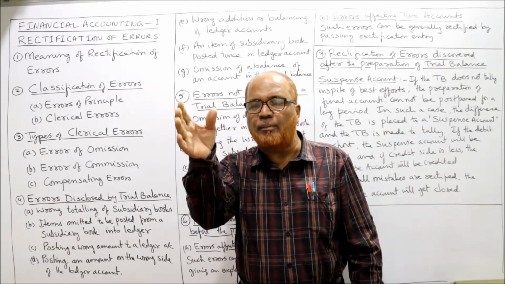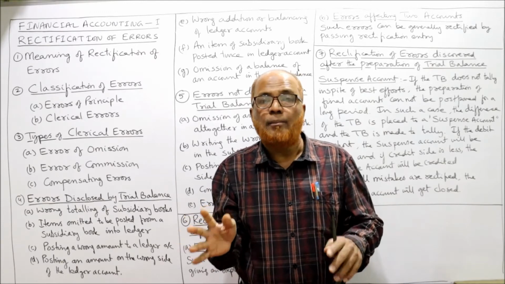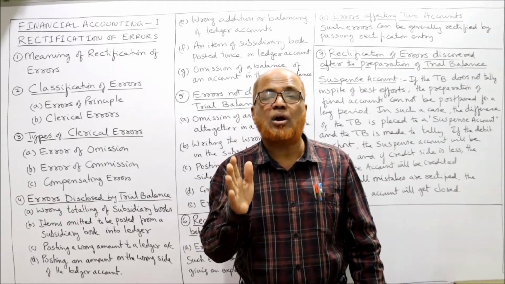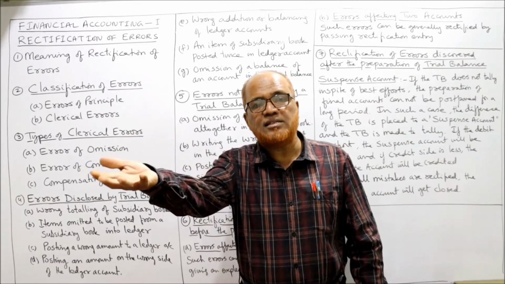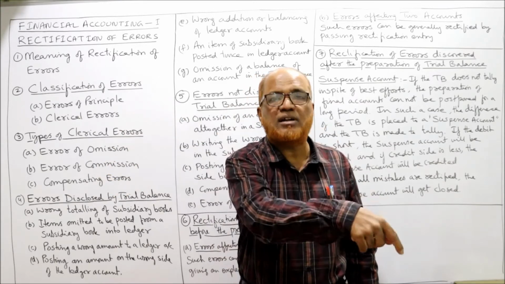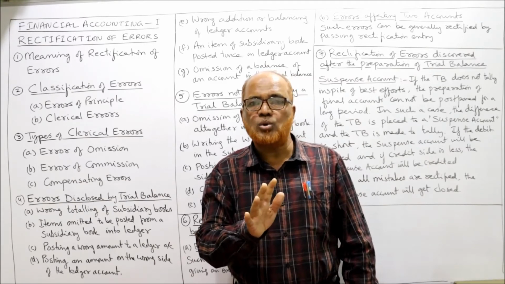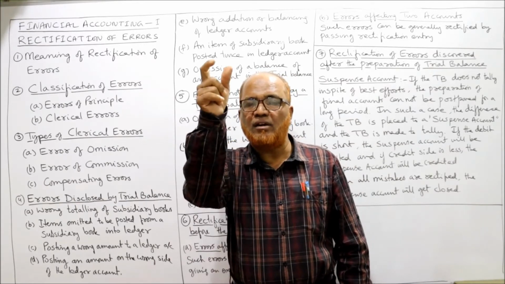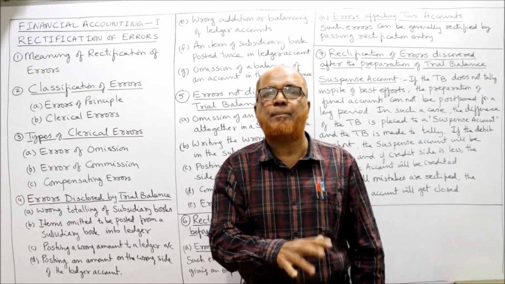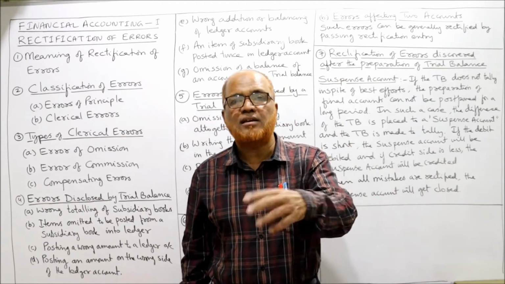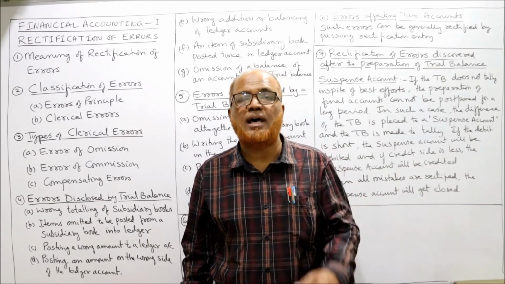Whenever the accountant commits a mistake, the trial balance will not agree. That is a normal rule, but it is not the ultimate conclusive proof. Many times it may happen that errors are there, but still our trial balance will tally. So it is not conclusive that whenever there are errors, the trial balance will not agree. In spite of the errors, the trial balance may agree. The trial balance will not disclose those errors.